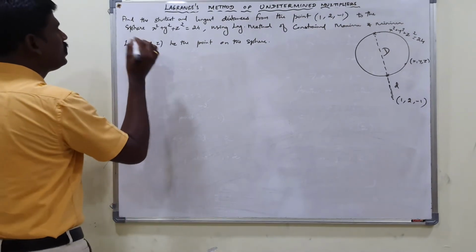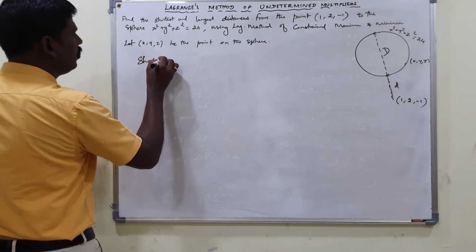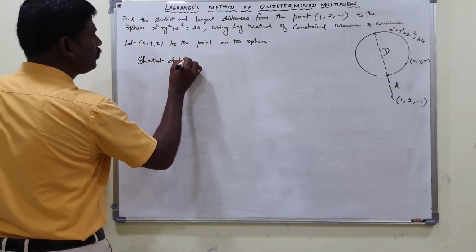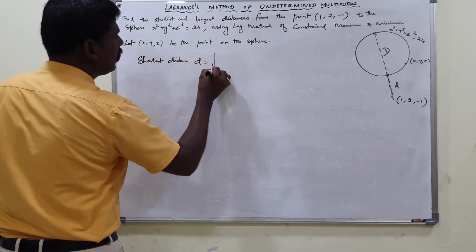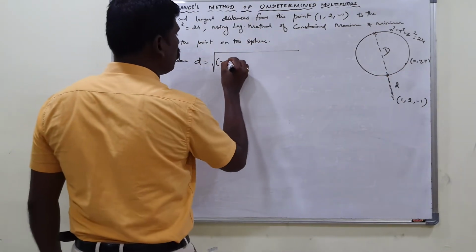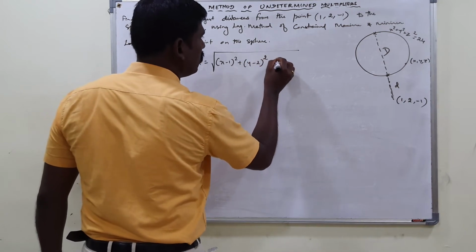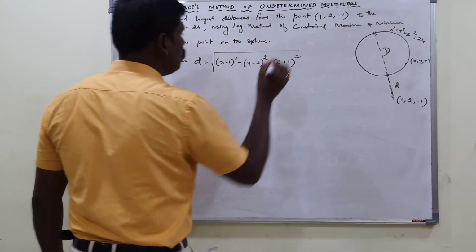So the shortest distance is equal to what? Square root of x minus 1 the whole square plus y minus 2 the whole square plus z plus 1 the whole square, isn't it?